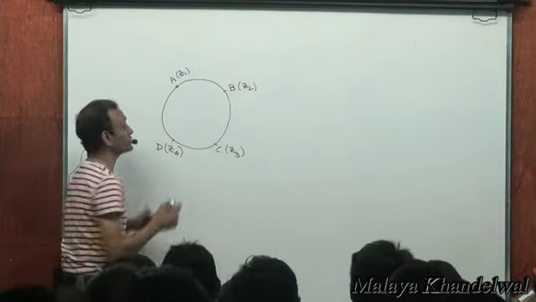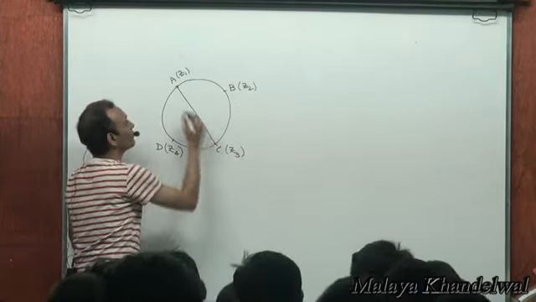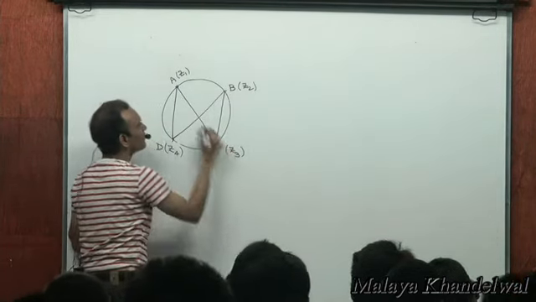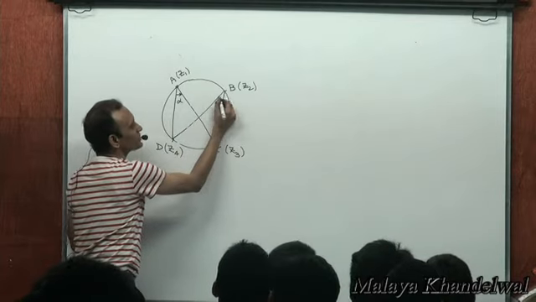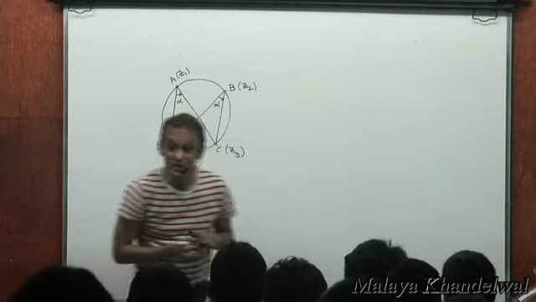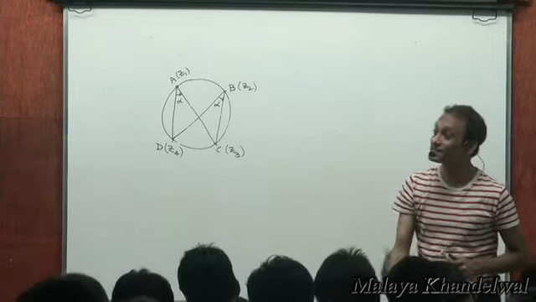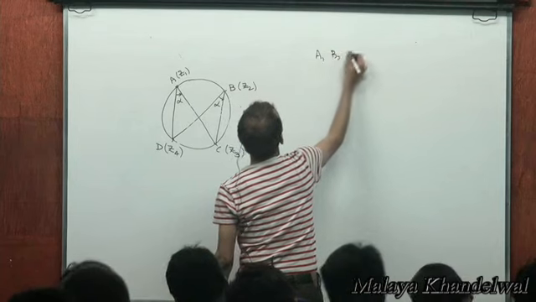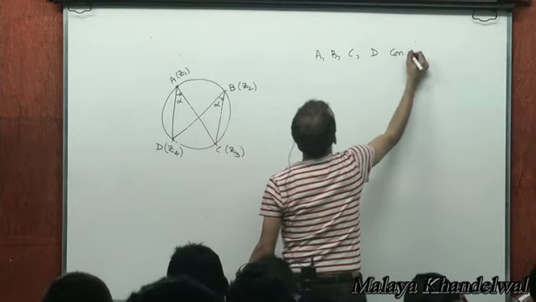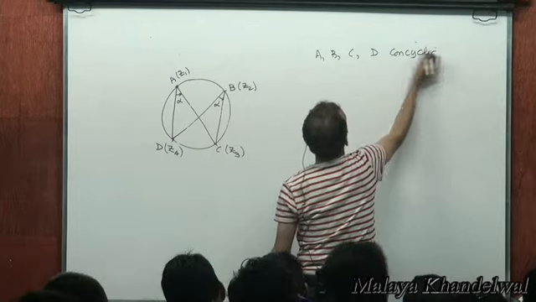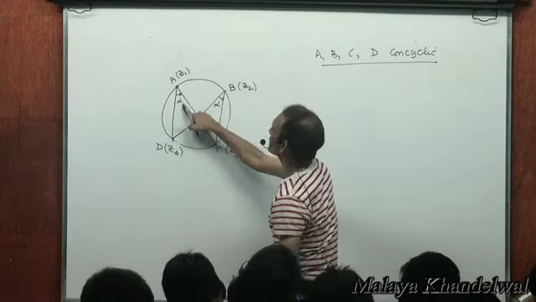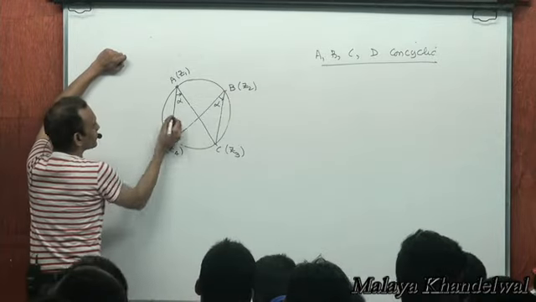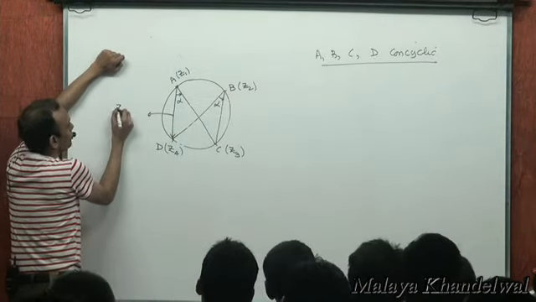Now, if they lie on the same circle, this angle alpha must be equal to this angle alpha, angles in the same segment. For ABCD to be concyclic, what's required is that this angle must be the same as this angle. How do you obtain this angle? What is this vector? This vector is Z4 minus Z1.